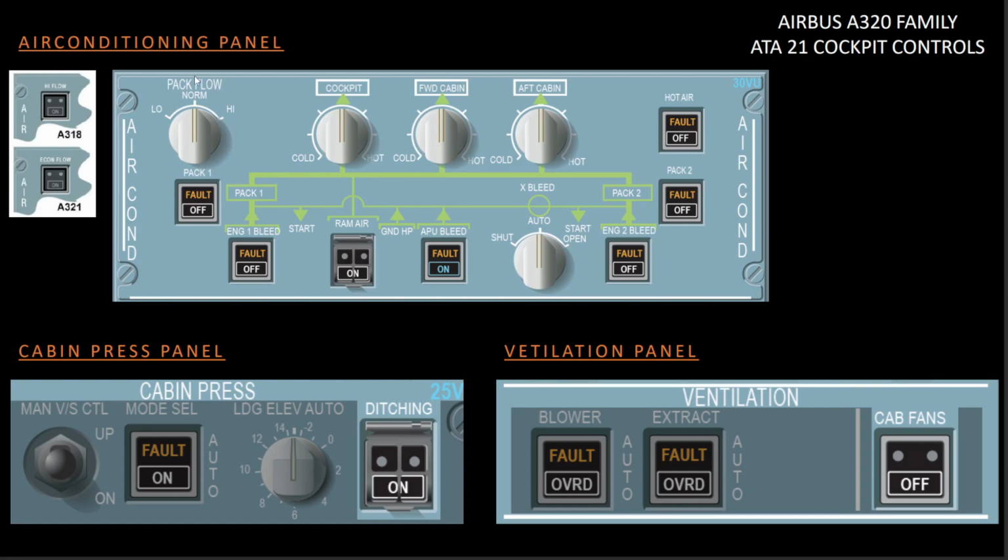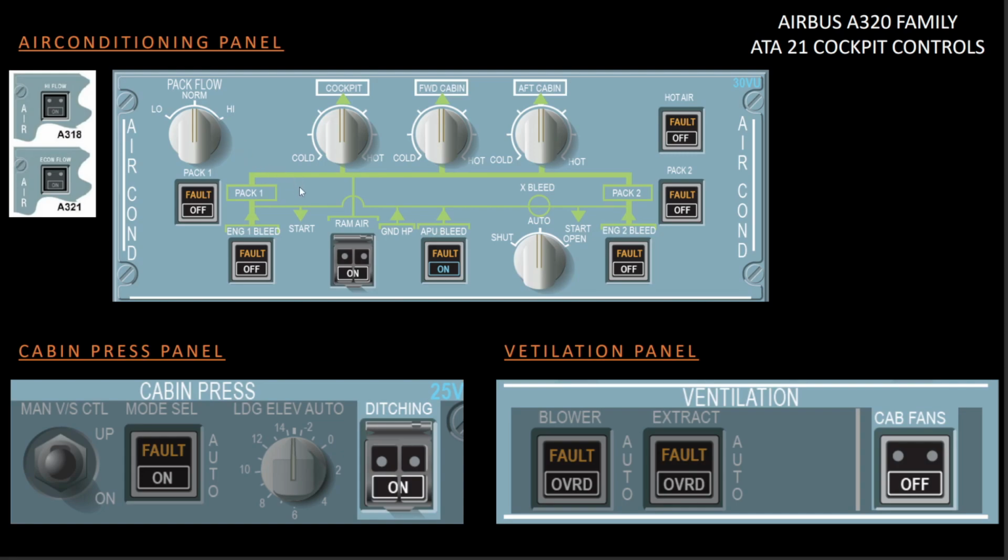Whatever is selected by this rotary switch will not matter if you are using APU bleed supply for the air conditioning system. Automatically the flow will be set to the high value, which is 120% of the flow. Another thing, if you have only one pack in operation, again the same scenario, whatever the position of the rotary selector, you will get 120% of supply.